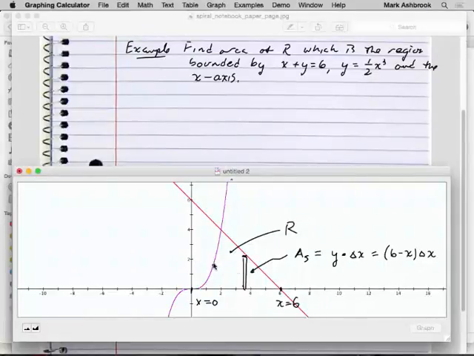No, you've got a typical strip defined differently than the one I drew. Over there, the height is 1/2 x cubed, times the width delta x. So as we go from 0 to 6, the boundaries change. There is no one typical strip from 0 to 6. It changes. There's actually 2.